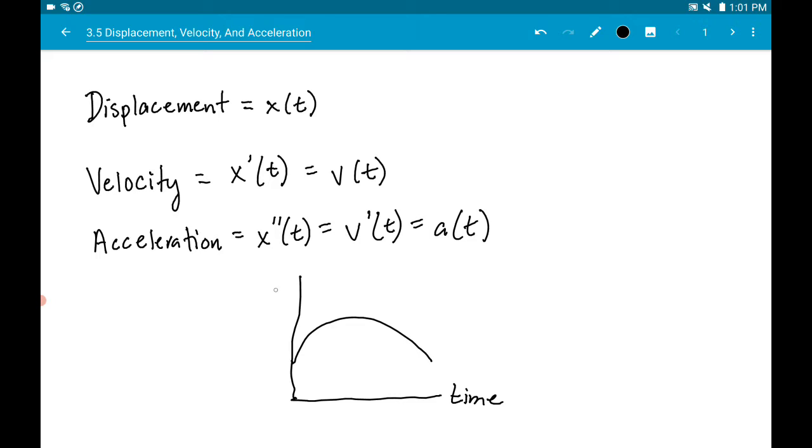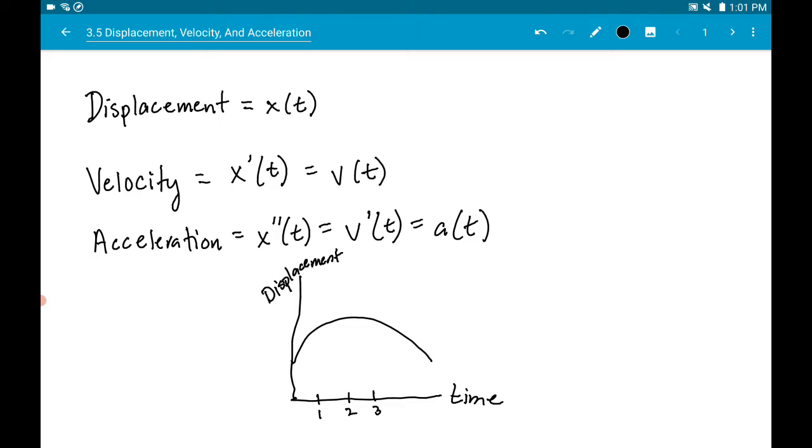If you think about this as displacement, as the time ticks away, maybe 1 second or half a second, 2 seconds, after a couple seconds that ball or that football lands, and it's traveled along this arc.